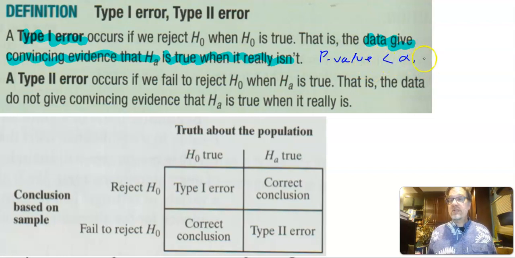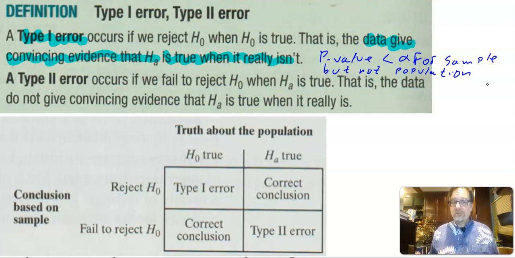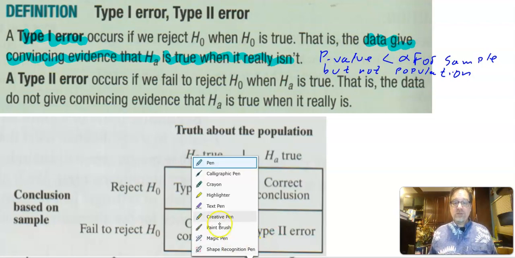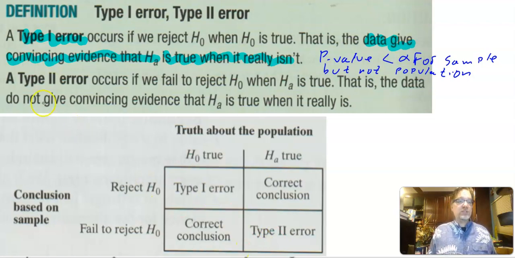So the p-value is less than alpha for the sample, but not the population. So we have a small p-value, and that leads me to believe I have convincing evidence for the alternative hypothesis. However, the population doesn't show that as well. Okay? So it's true for the sample, but not true for the population.